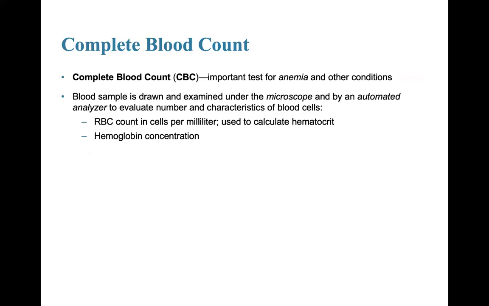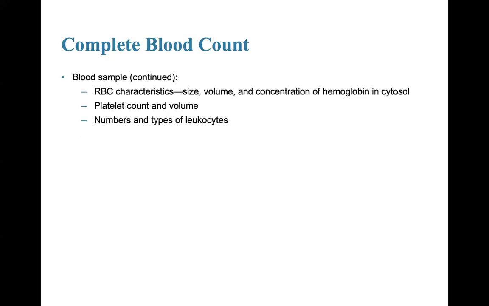Now, a lot of times physicians will order what they call a complete white blood cell count, or a complete blood count. This is important to test for anemia, but it's also very important because it will help to test if there are any white blood cells that tend to be abnormally high, which could be an indication of certain types of infections. With the red blood cells, you're really looking at whether anemia is present and what the hemoglobin concentration is.